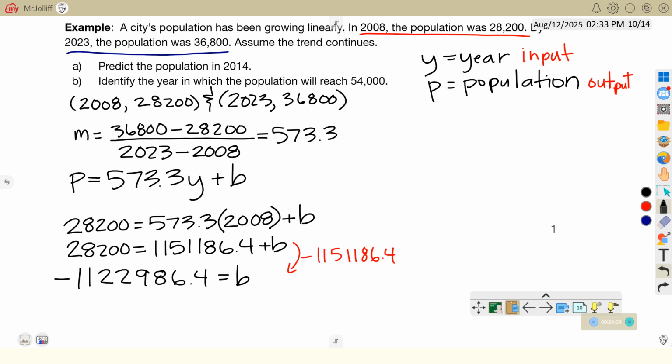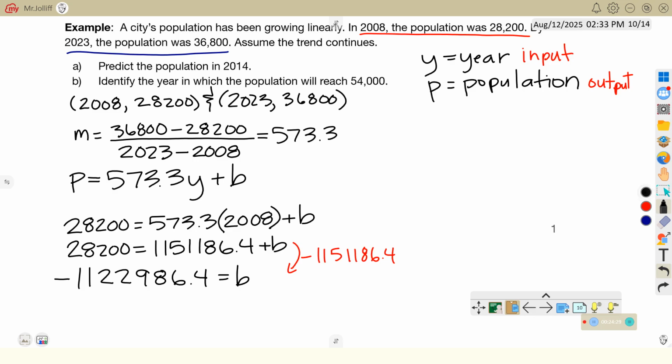Yeah, because that's 2008 times that I'm subtracting just under 600 people. It's going to get low really quick. That does make sense, because the numbers we're looking at are really far from 0. We're all the way out in 2008, 2020. That's really far from 0. If we go backwards, that's fine.